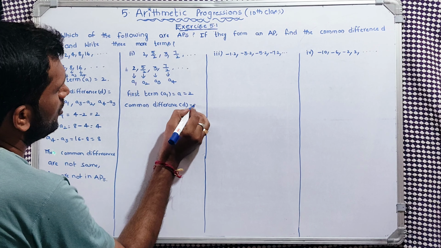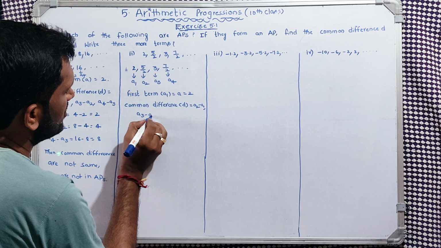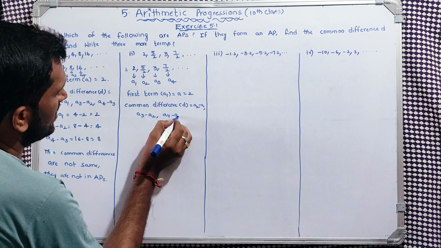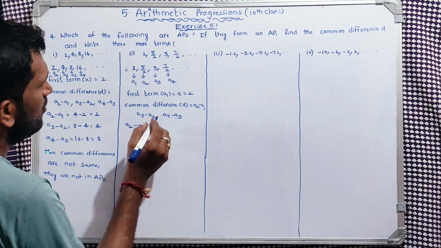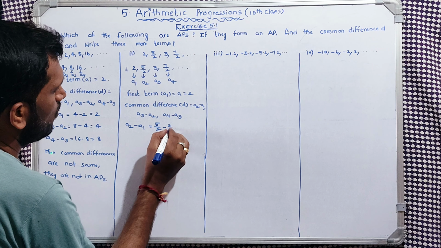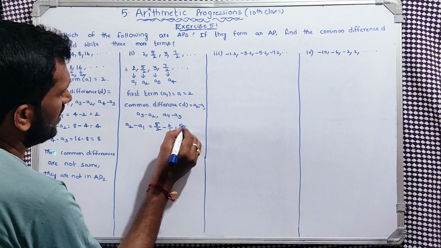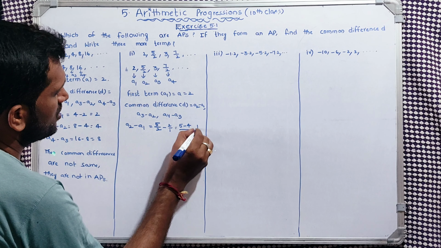D equal to A2 minus A1, A3 minus A2, A4 minus A3. First of all, A2 minus A1. A2 means 5 by 2 minus A1 means 2 by 1. 5 minus 4 by 2 equal to 1 by 2.